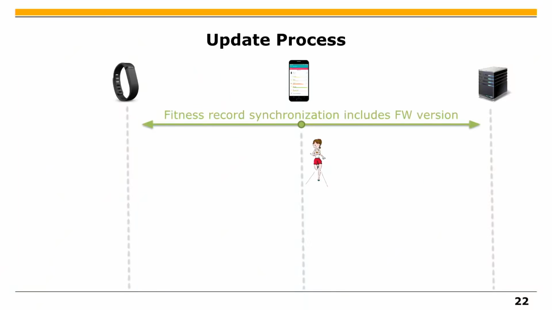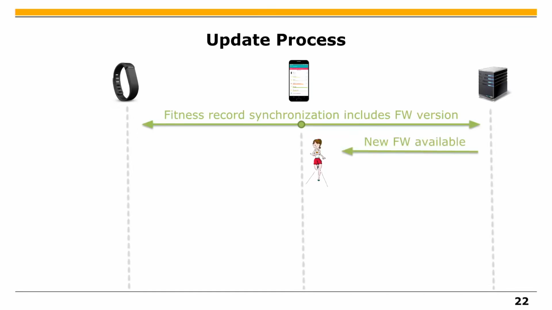So if you look into the update process, in every dump there is a firmware version, so the server always knows which firmware version you are running on your Fitbit. And if there is an update, it just tells the user via the app that there is a new update.